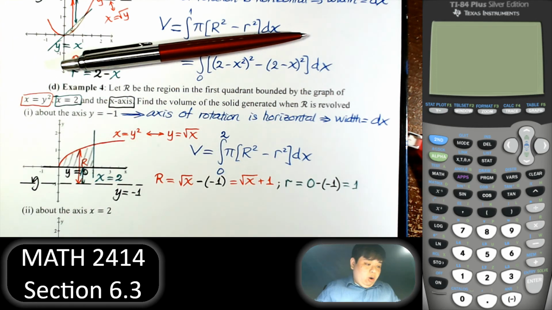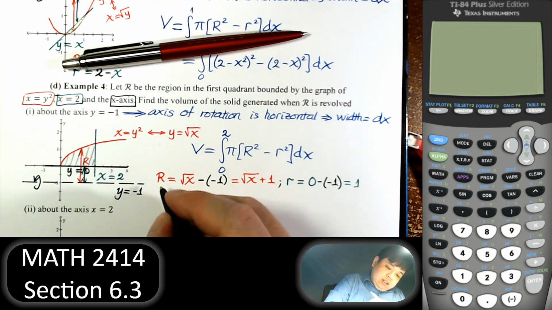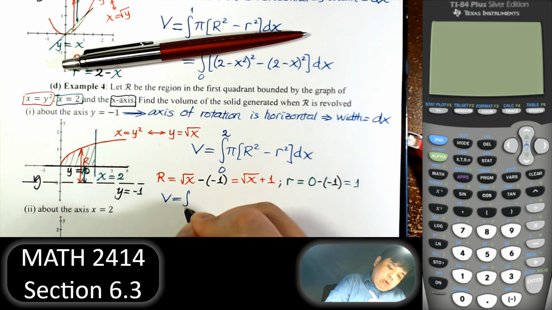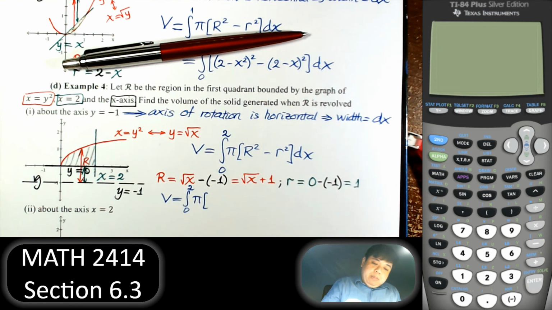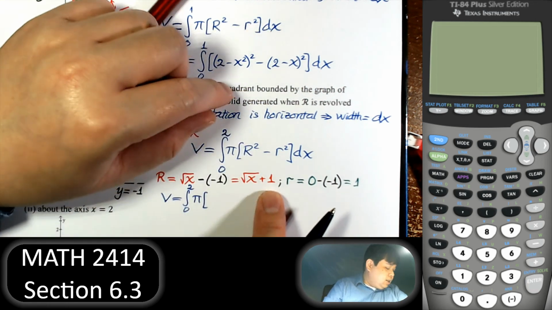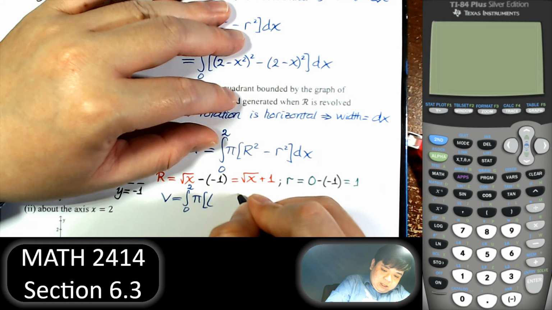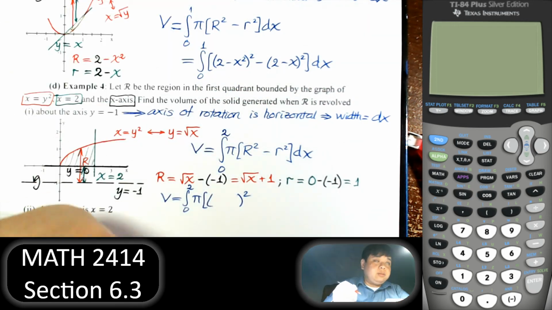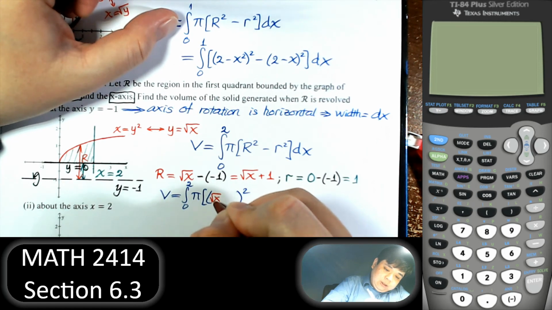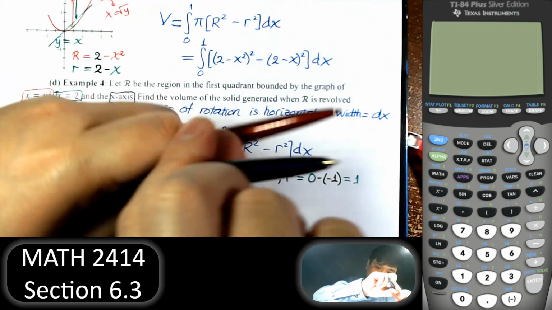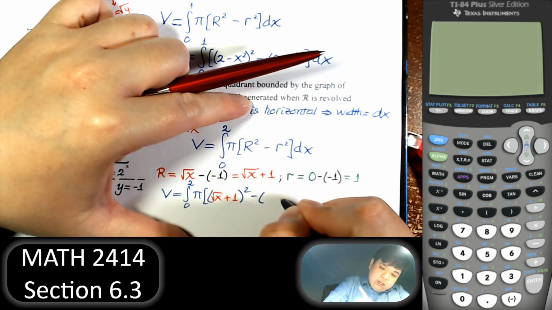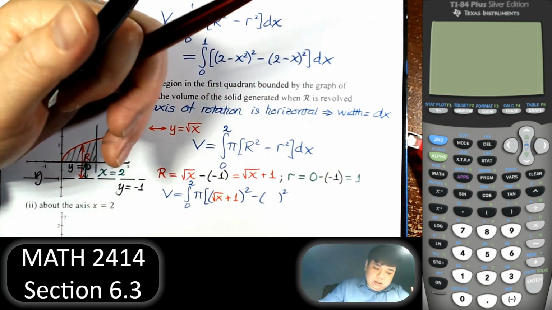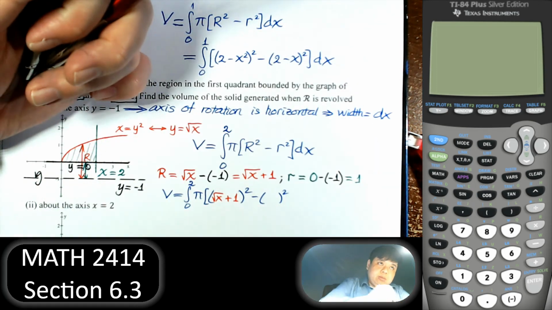Right, put in the formula. Integral from 0 to 2 pi, big R is going to be that, little r squared will be just 1.